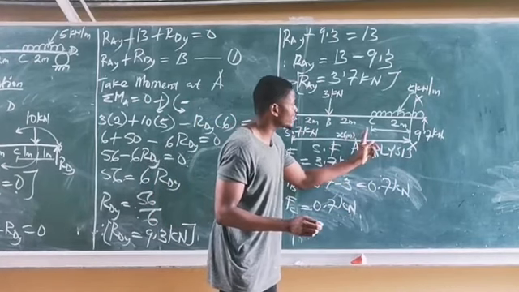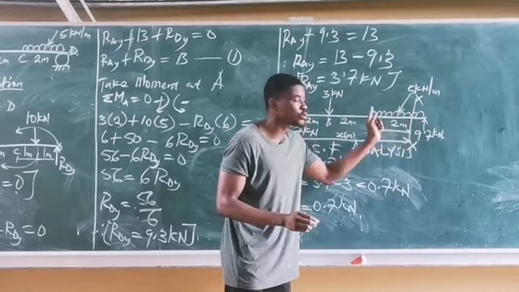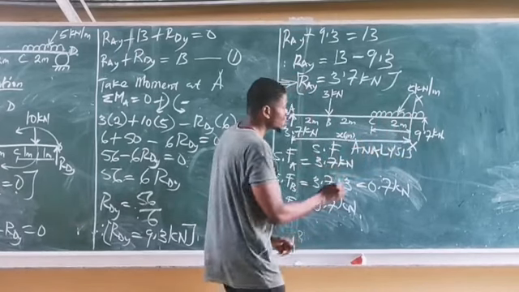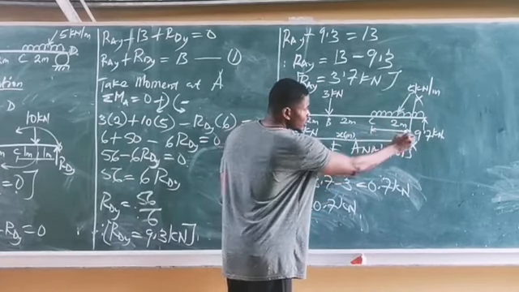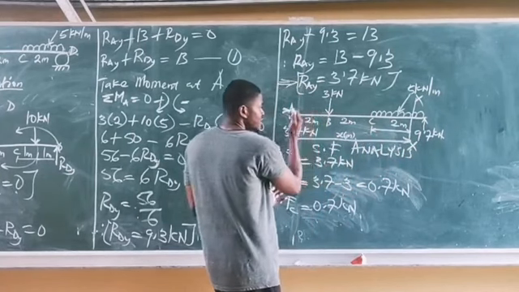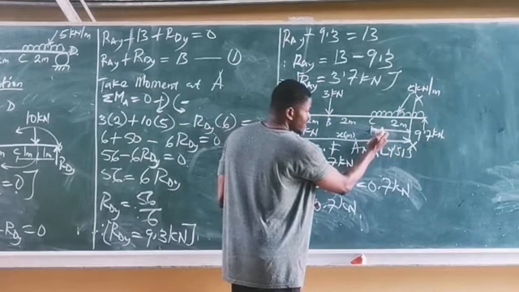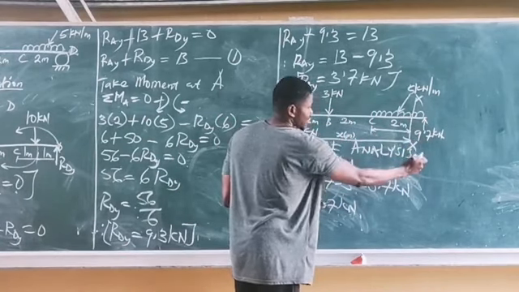Therefore, the distance from point C to the point of section, which is now the distance of the UDL, will be as follows. Since we are considering from point C to the point of section, every other distance behind is left out. We just need the distance from point C to the point of section.